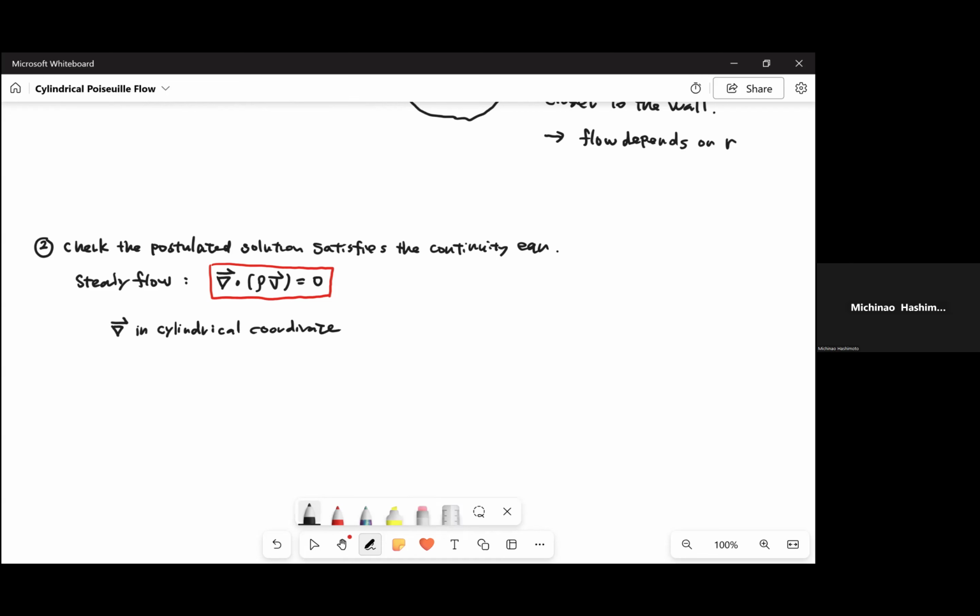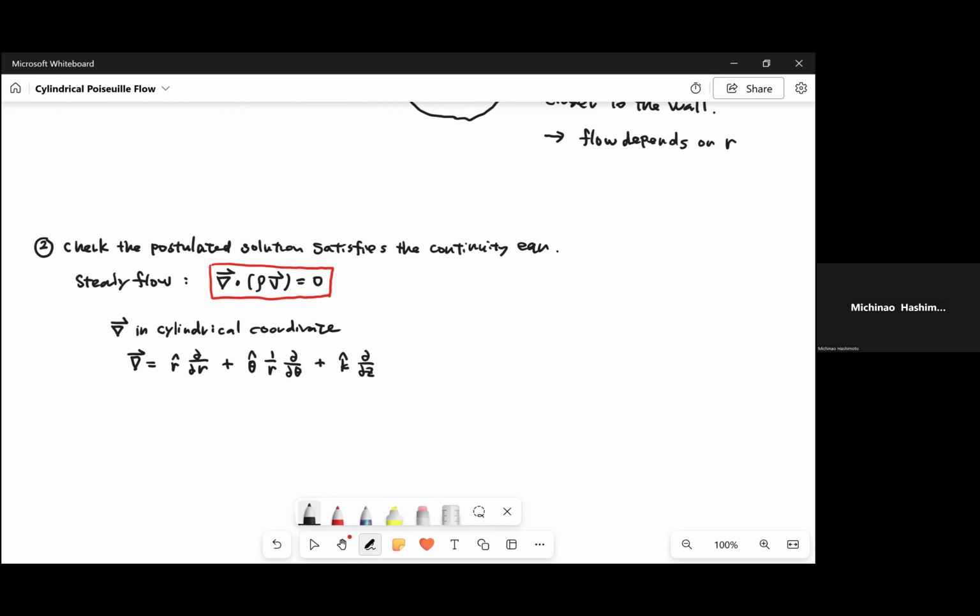Nabla equals r-hat d/dr plus theta-hat (1 over r) d/d theta plus k-hat d/dz.